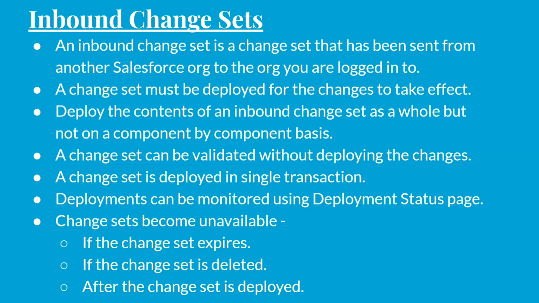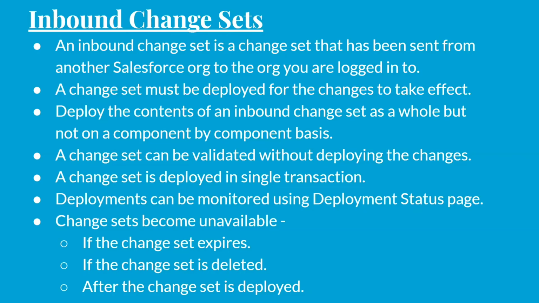Deployments can be monitored using the deployment status page. There is an option called deployment status, and from there you can monitor your deployments, like what the current situation is, whether it is in progress or completed. All this information you can monitor through the deployment status page. And change sets become unavailable if the change set expires.